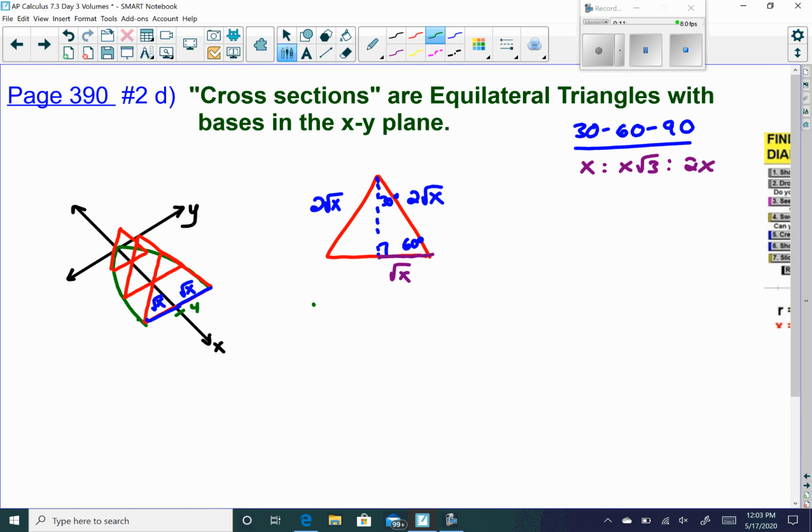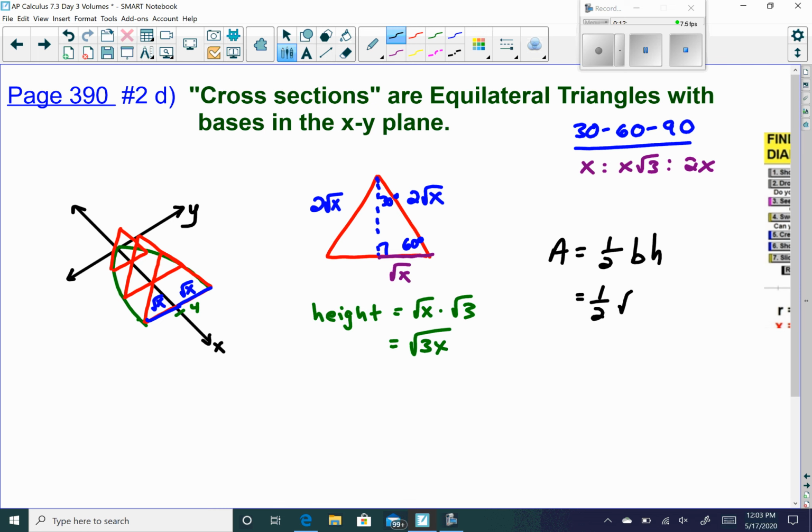All right, so to get my height, I'm going to take the radical x and multiply it by radical 3. So my height is really a radical 3x. And then my area is 1/2 my base times my height. So I get 1/2, my base is radical x, my height is radical 3x.